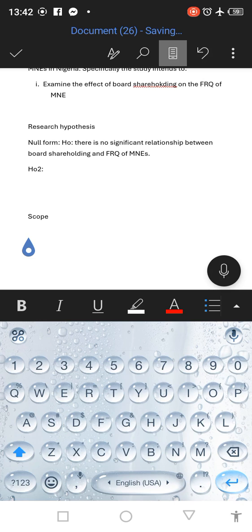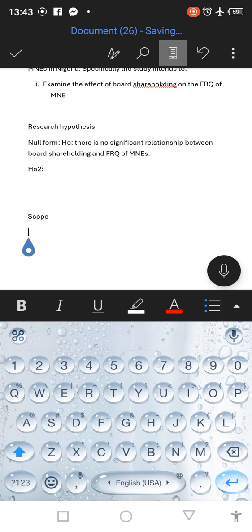Either you want to make it a state thing, or a country thing, or a cross-country thing, or probably all the countries in the western region, or GCC countries, or sub-Saharan Africa, or probably it's just Egypt, just Nigeria, just UK, or a state in Nigeria, a city in UK, or any. That's what the scope is all about.